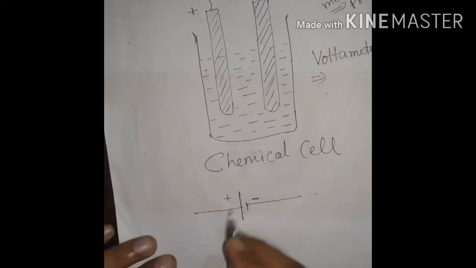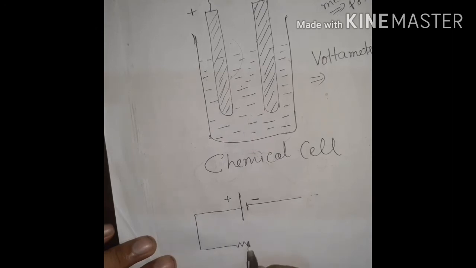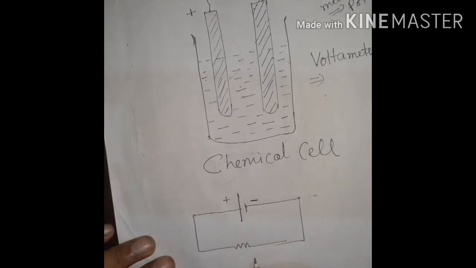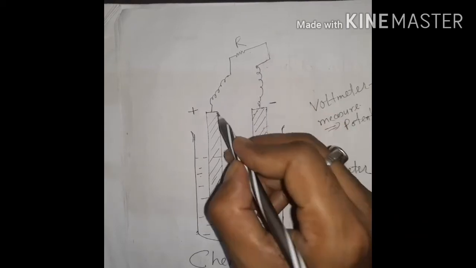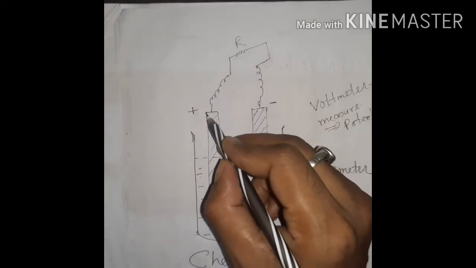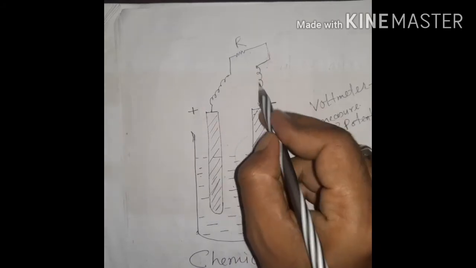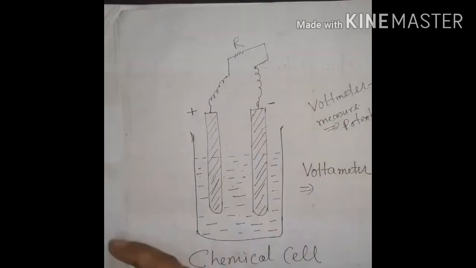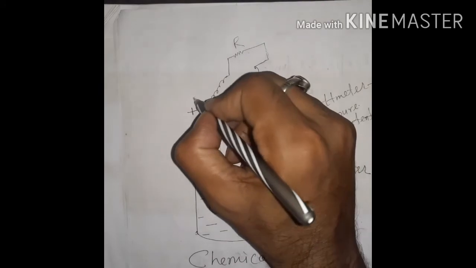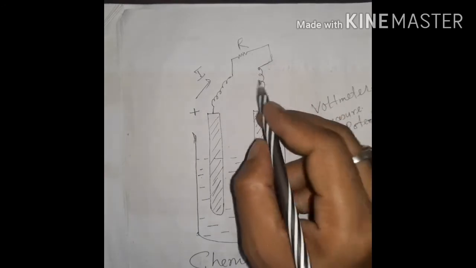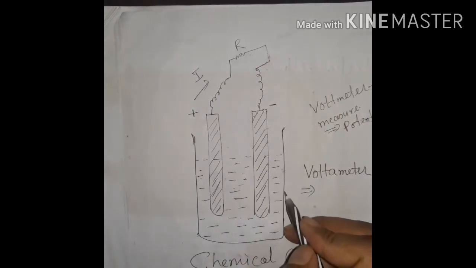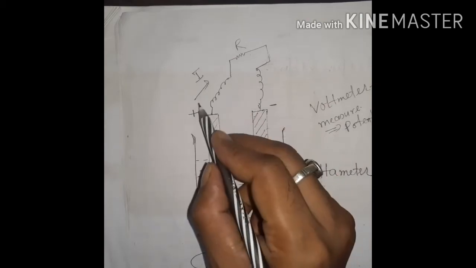So if this is connected to a resistance, as I did earlier, this is my external resistance, the same resistance R. When this happens, the current flows from the positive terminal to the negative terminal, but outside the cell. We are not talking about the part inside the cell. Electric current flows from the positive end to the negative end in the external circuit, and that is the direction of conventional current.